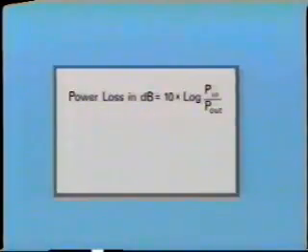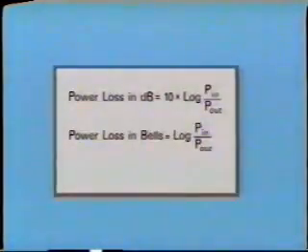The decibel is, of course, 1/10 of a bell, so the basic expression is bells equals log power in over power out. However, decibels are more convenient to use, as the values are normally quite low, so we must remember to multiply by 10.